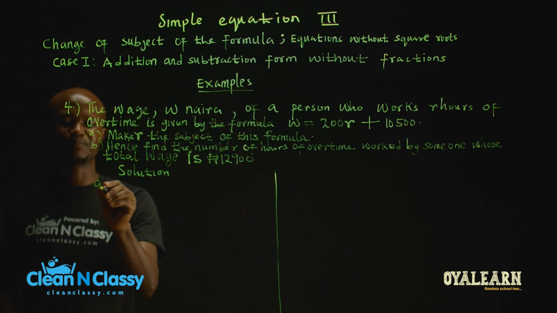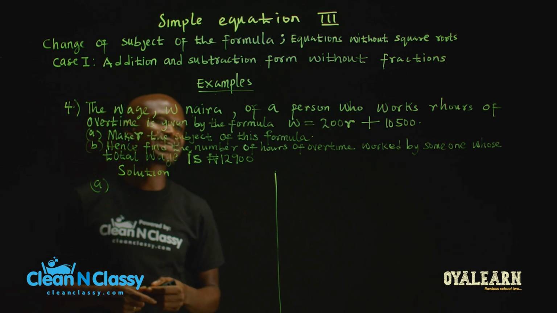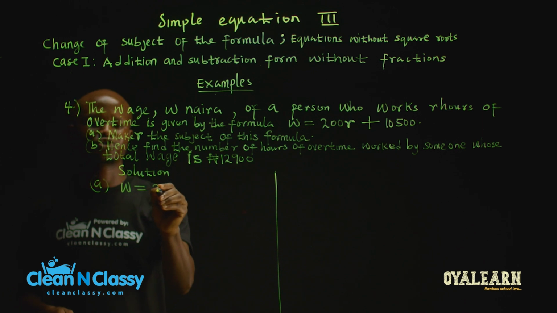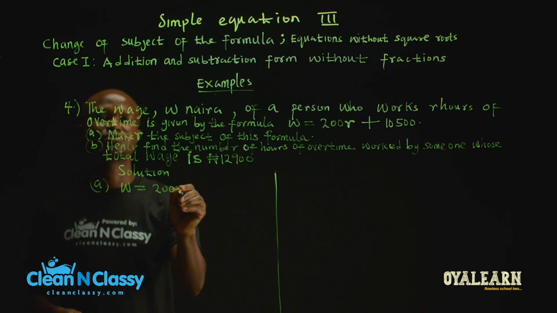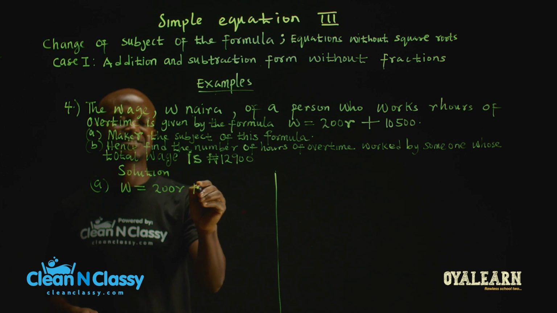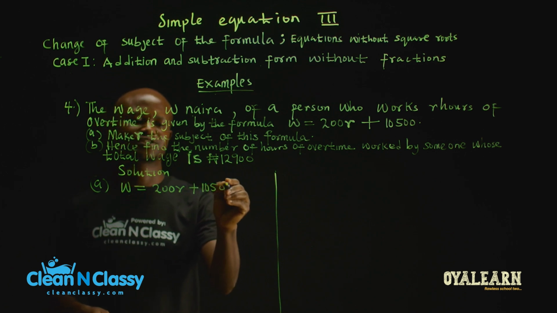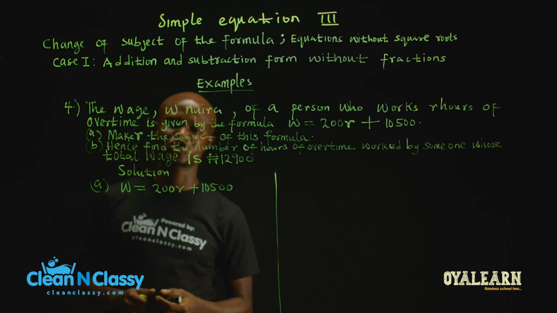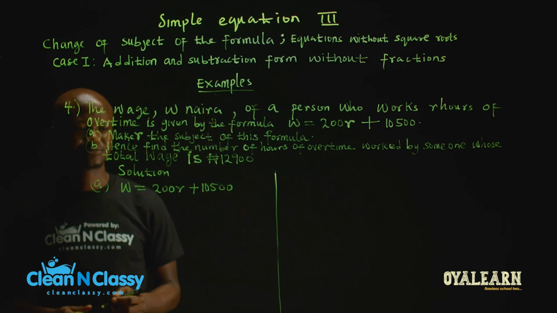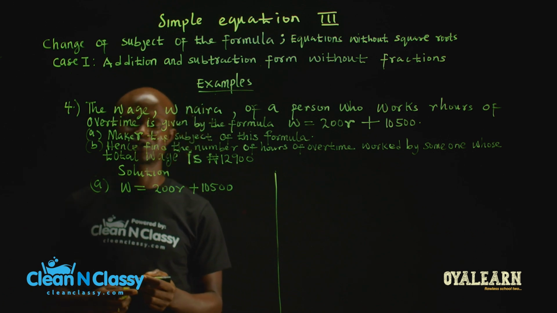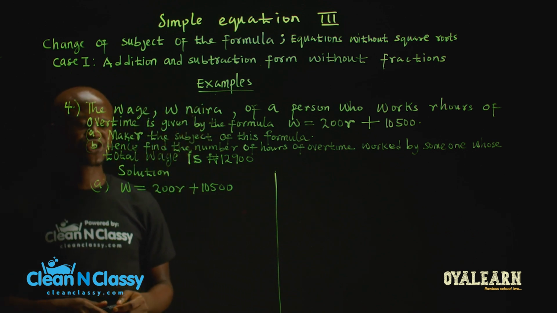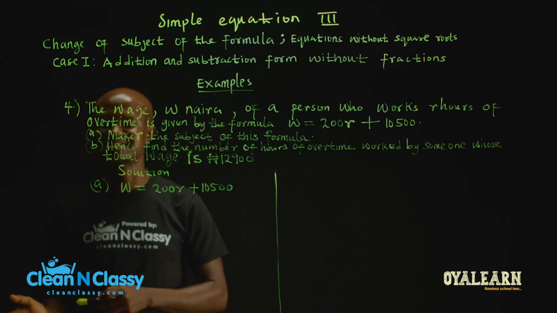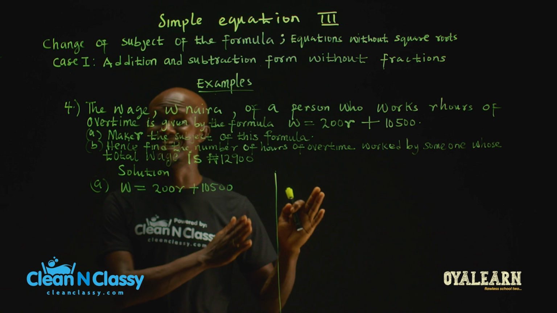Now, the first part of the problem, the first thing to do is to write out the given formula. W equals 200R plus 10,500. Now, we are asked to make R the subject of the formula. For us to make R the subject of the formula, we ensure that a term with R is either at the left-hand side or at the right-hand side only.